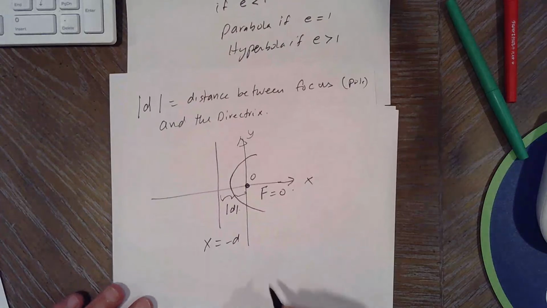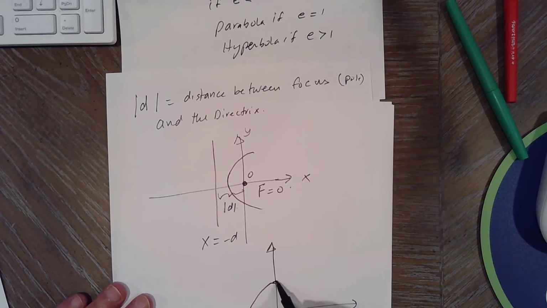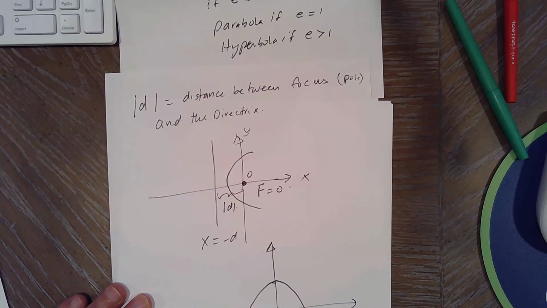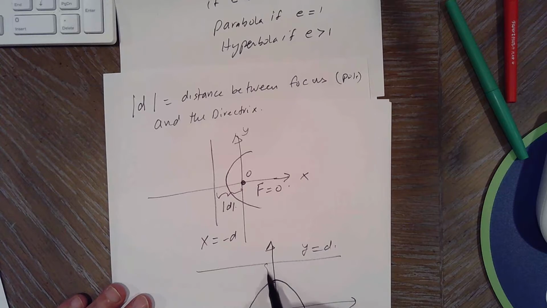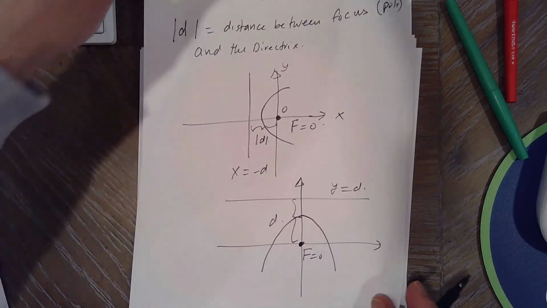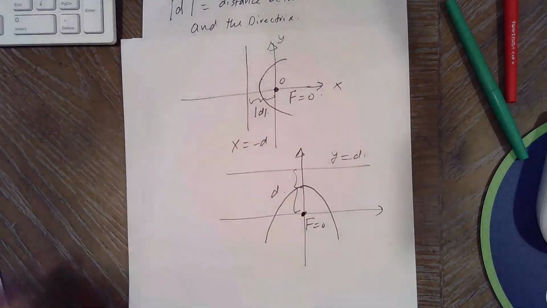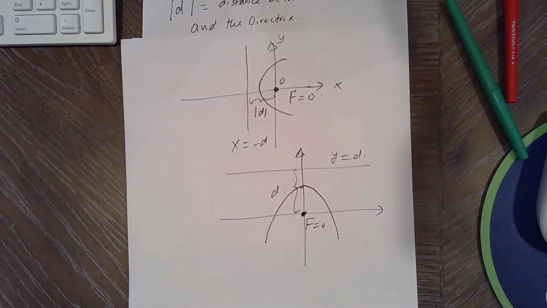Or you could have a focus at the pole and y equals d. So this is d. And you could have all the other cases. I'm just showing you 2 cases.